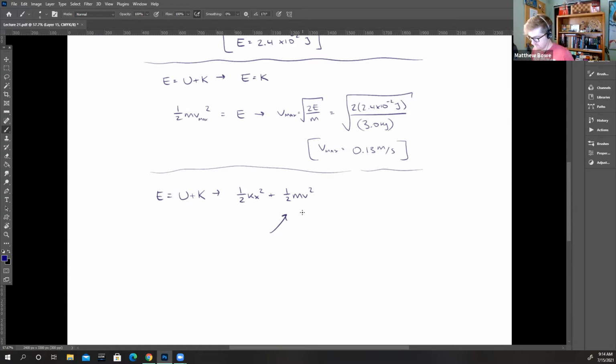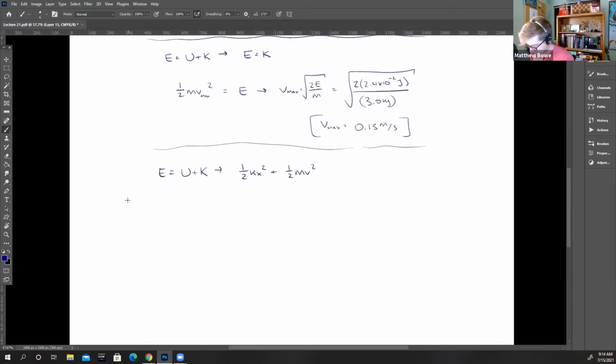E equals 1/2 kx squared plus 1/2 m, not just v squared, I'm going to write 1/2 v max, squared.